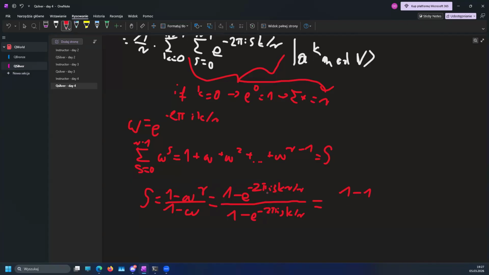So why is it equal to 0? Because here we have 2 pi, and you should know that this part is an integer, so this is a full circle. If s k is equal to 1, then it will be just a single full circle.